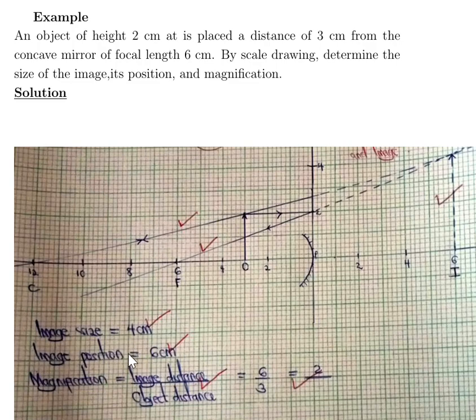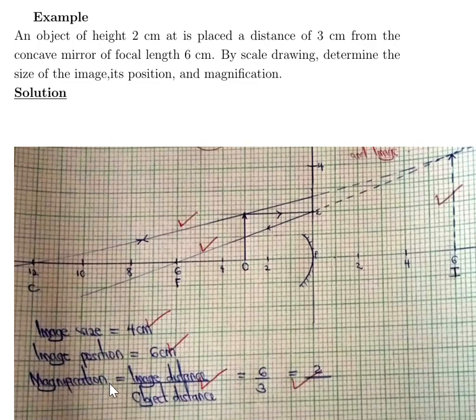So the image position is 6 centimeters, or you can also call it the image distance. If you're also asked about the image distance or the image position, it is 6 centimeters. Then finally, we are required to find the magnification.